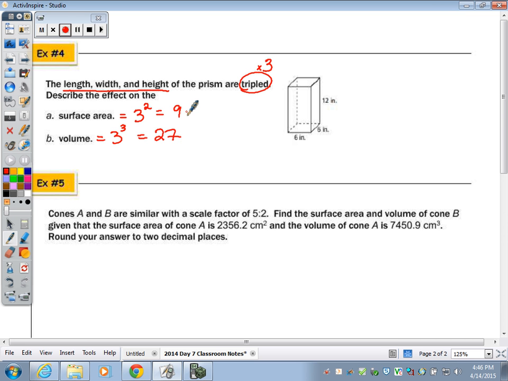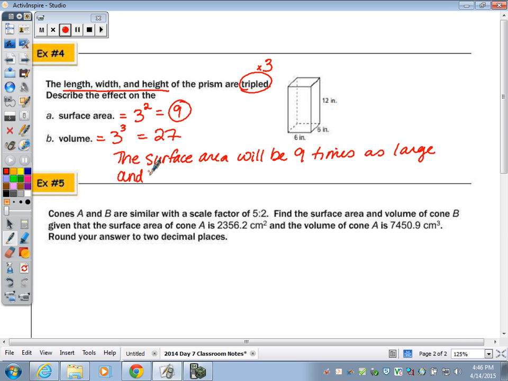So the surface area of the new prism is going to be 9 times as large. And the volume is going to be 27 times as large.